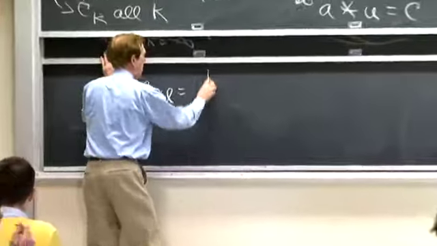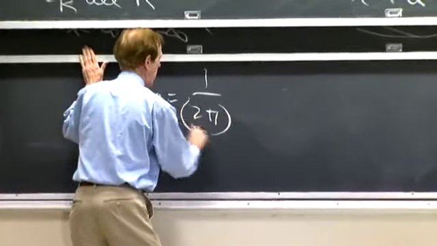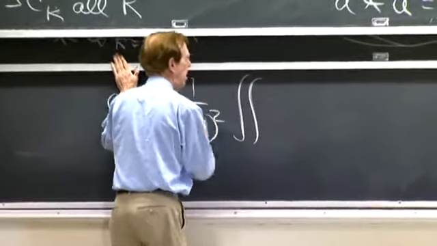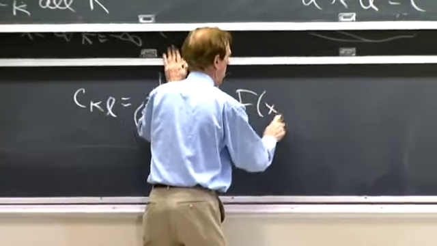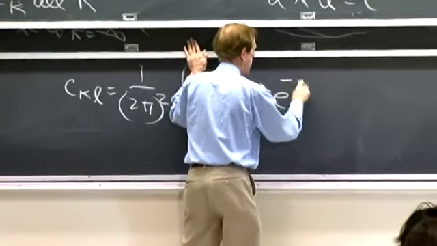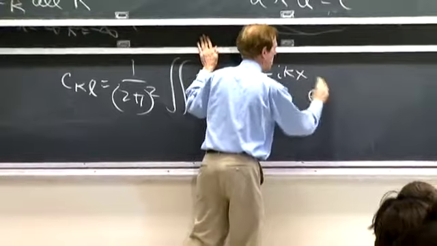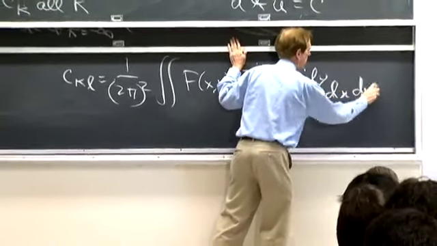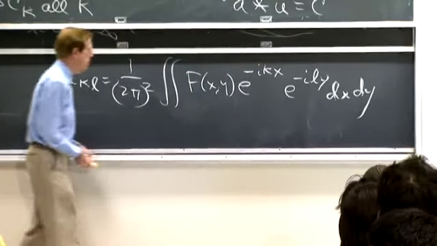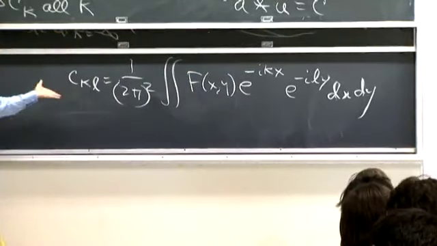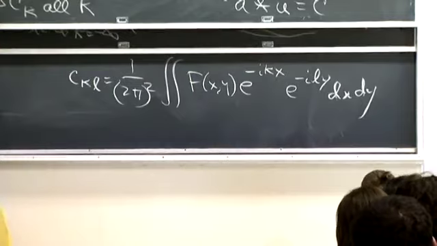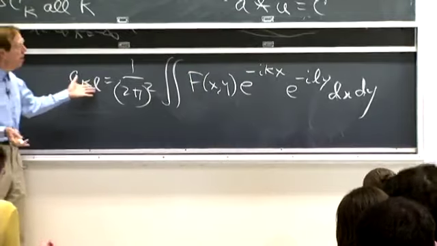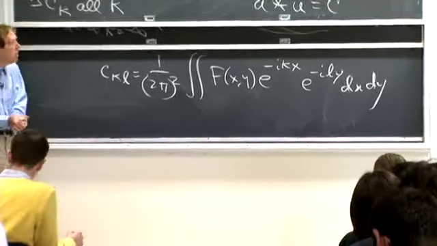CKL will be 1 over 2 pi squared, the integral of my function times e to the minus i kx times e to the minus i ly, dx dy. So that just makes the point that there's nothing new here. It's just up a dimension.